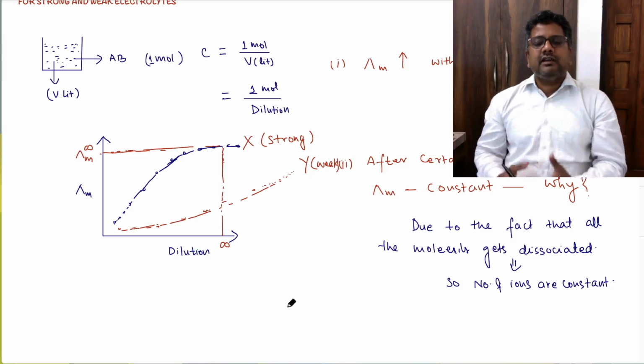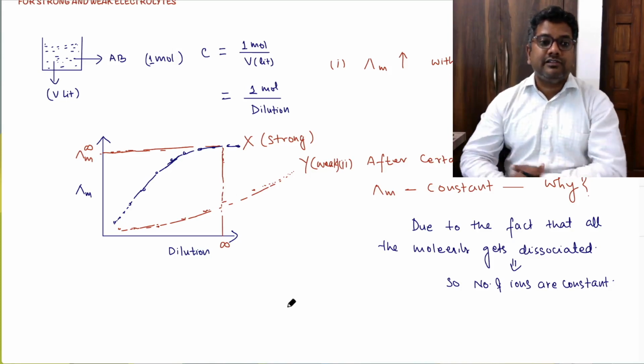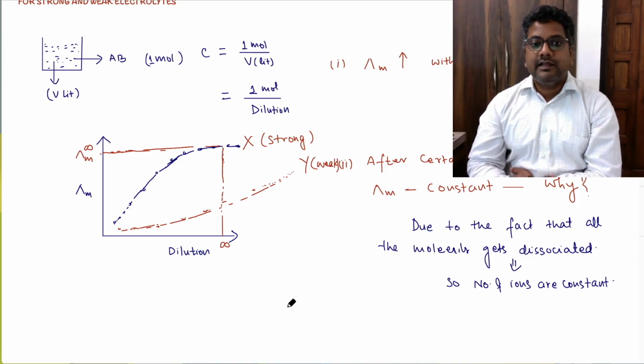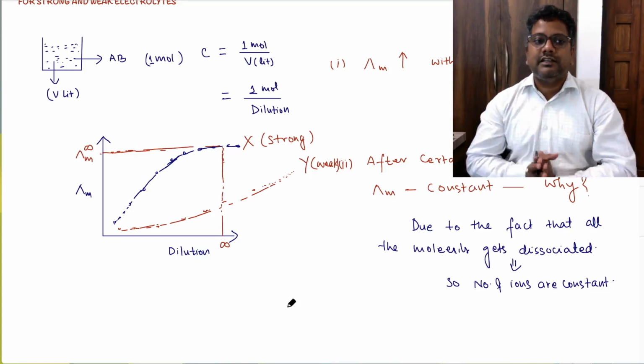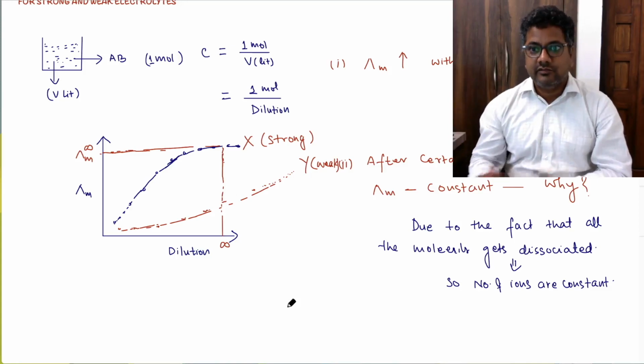So can we make an argument that this is one of the definitions of strong and weak electrolytes? Strong electrolytes easily attain the state of infinite dilution, meaning complete dissociation.